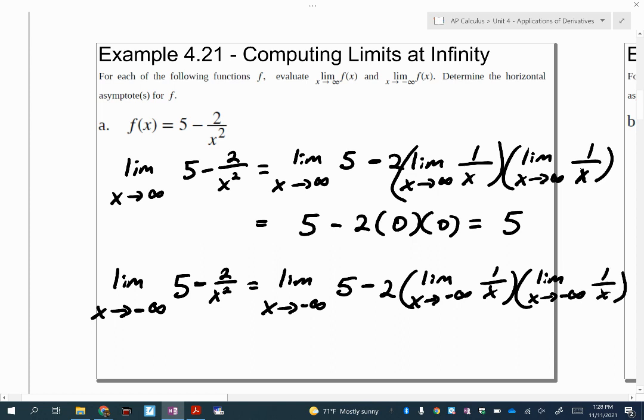Very, very similar reasoning here. 1 over a really, really big number, I guess I should say the magnitude of this number would be big, right? 1 over negative a million is actually a very small number. But if you take the absolute value of negative 1 million, you get positive 1 million, which is magnitude-wise a very large number. So these are still going to be 0. So 5 minus 2 times 0 also gives you 5.